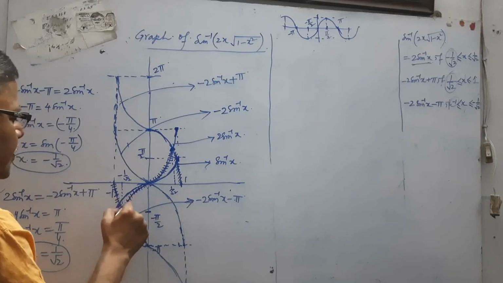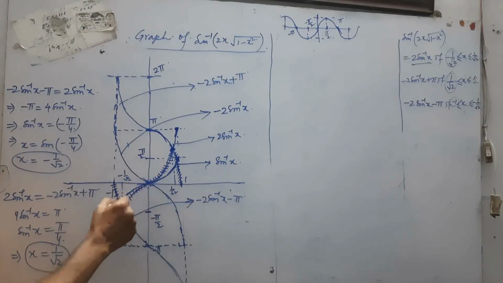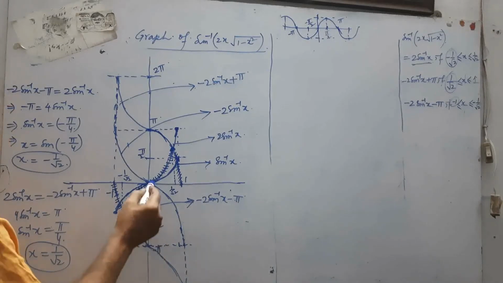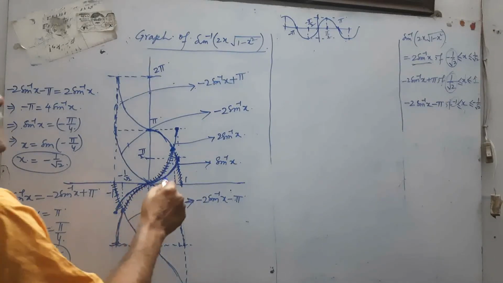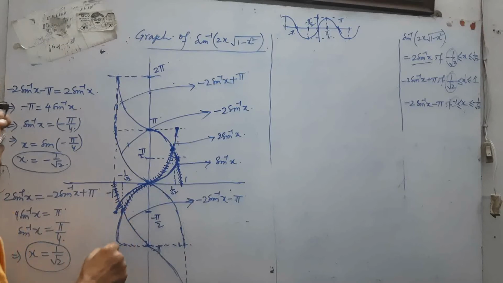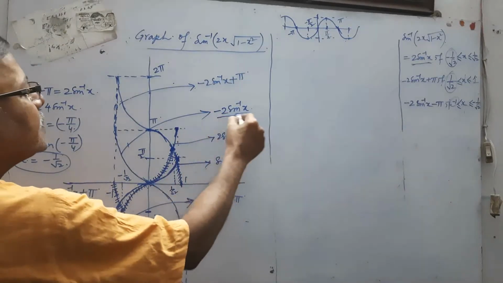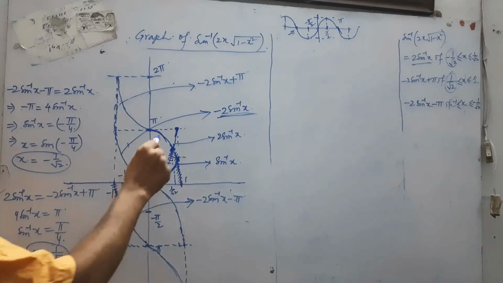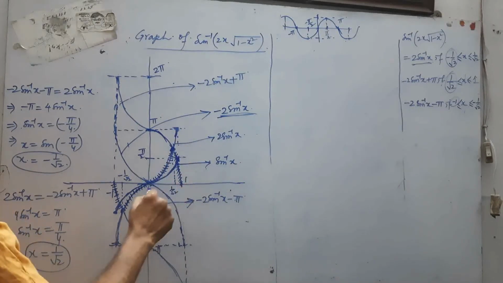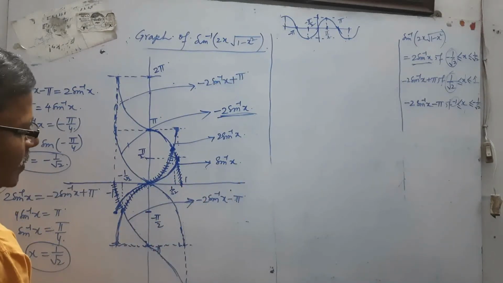I hope you are understanding where my pen goes. Now if you are taking the negative of this 2 sin inverse x, that is what I have written over here, then you can see that this point will be reflected about the x-axis.